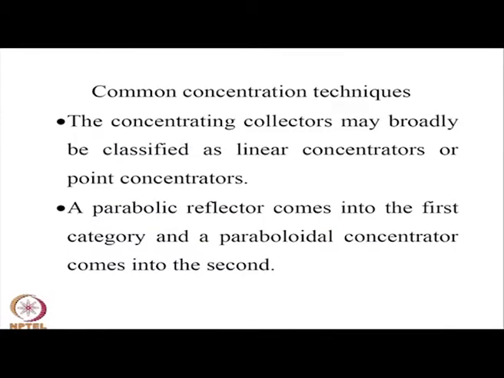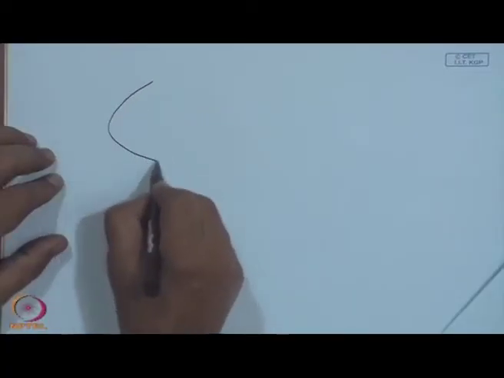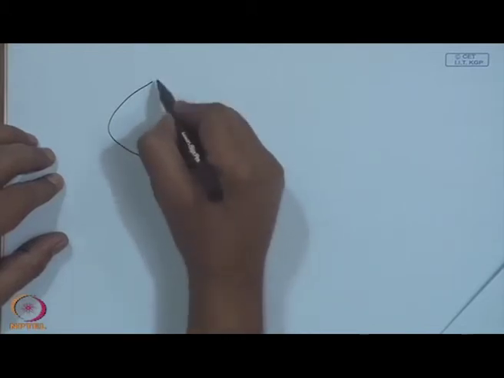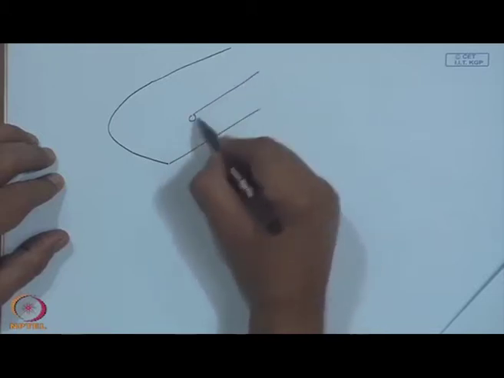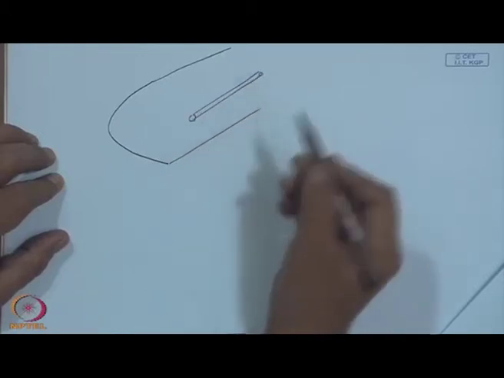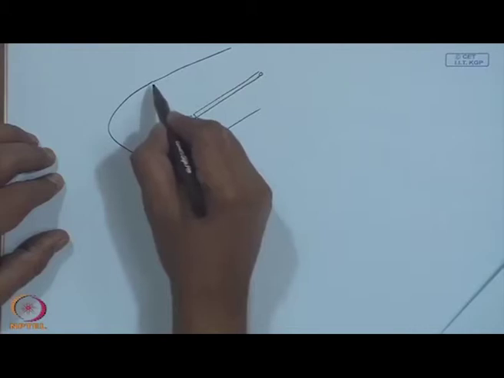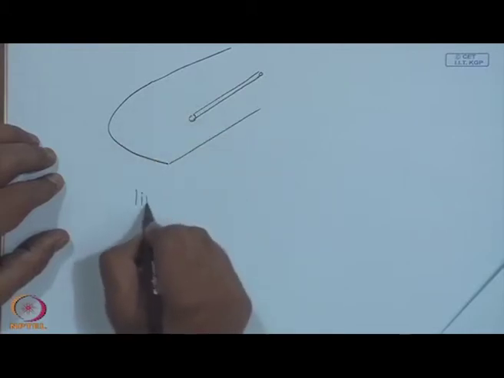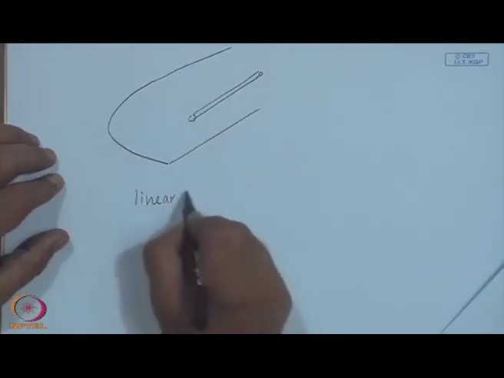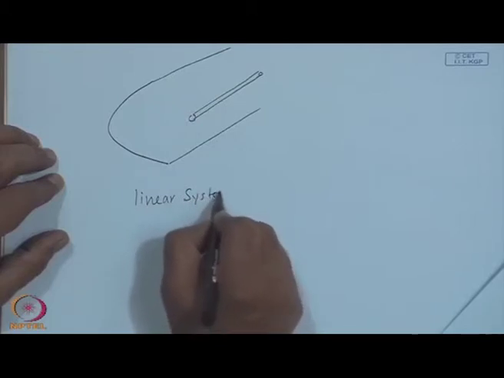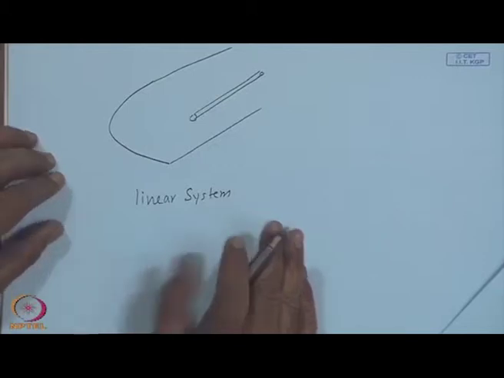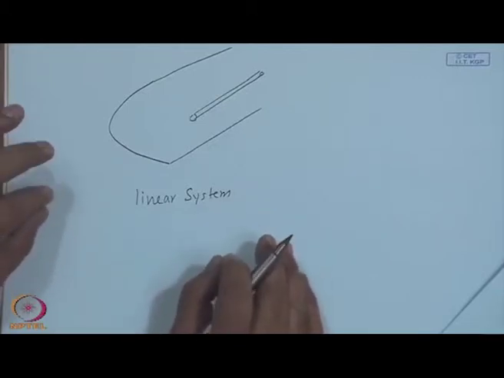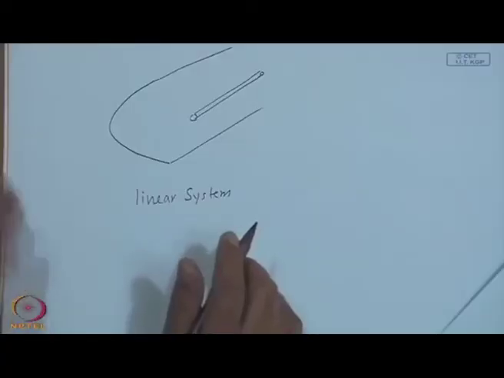So, if I have something like a parabola, in a two dimensional view, something like this will be my tube. So, I might call this a linear system. In other words, in the limit, the reflected rays will fall on a line, though the width of the line is finite for different reasons.